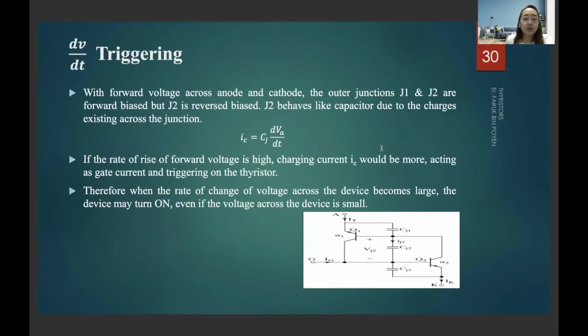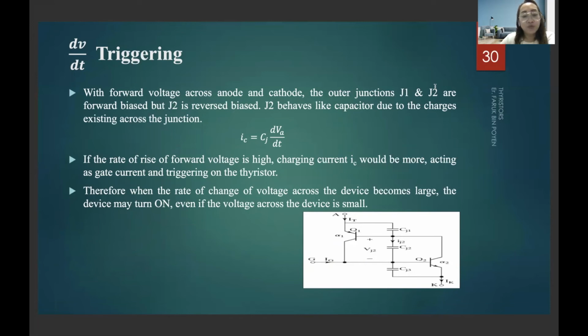The rate triggering, the voltage rate triggering. With forward voltage across the anode to cathode, the outer junctions J1 and J3 are forward biased, but J2 is reverse biased. J2 behaves like a capacitor due to the charges existing across the junction.